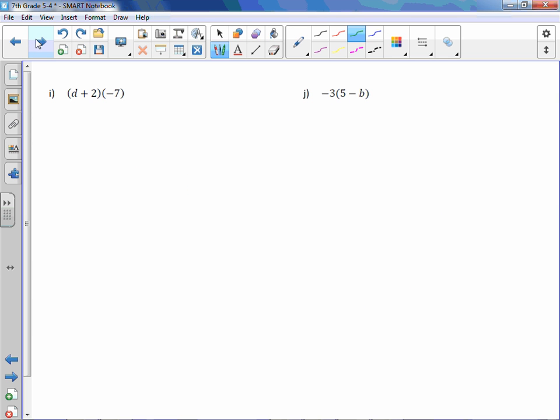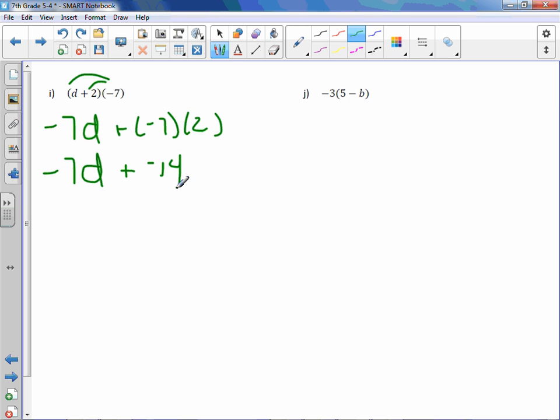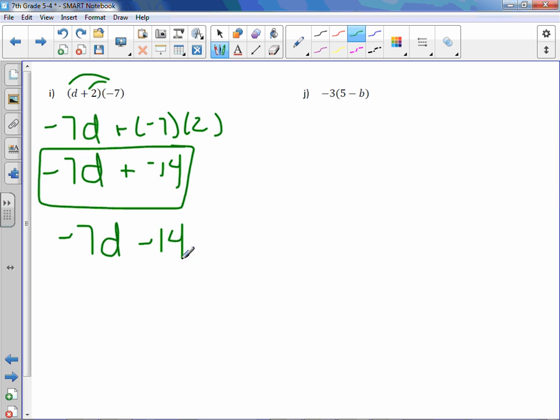Letter I, numbers on the right-hand side, which is fine. So negative 7 times d plus negative 7 times 2. So negative 7d plus negative 14. You could also write this as negative 7d minus 14.